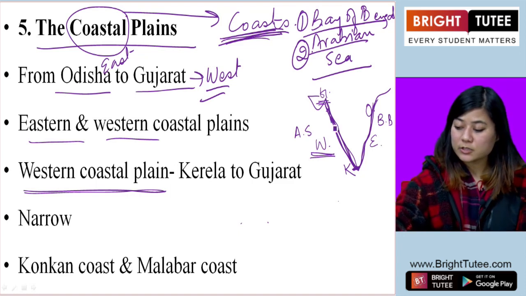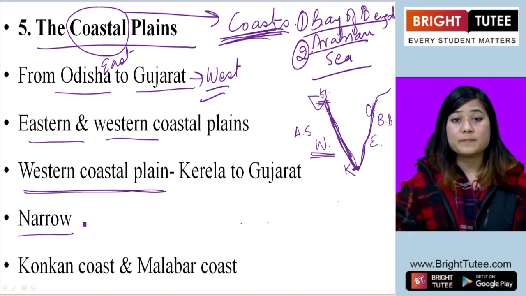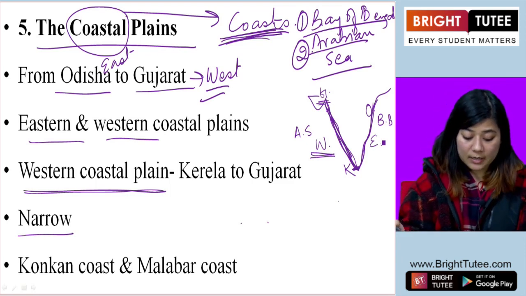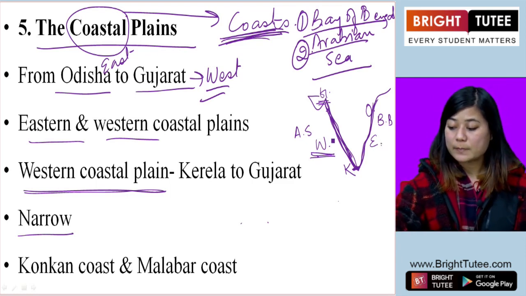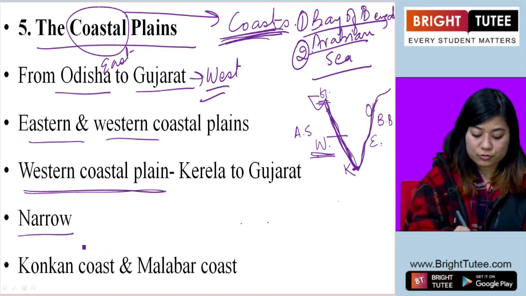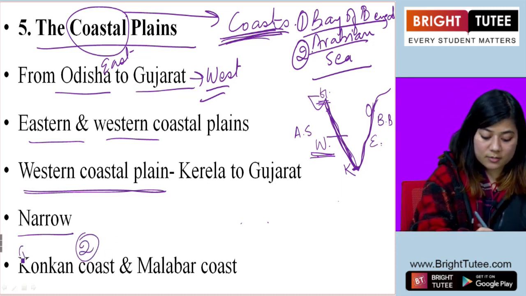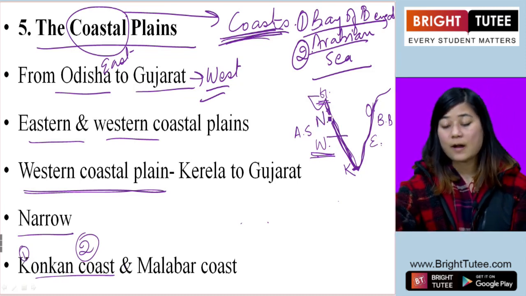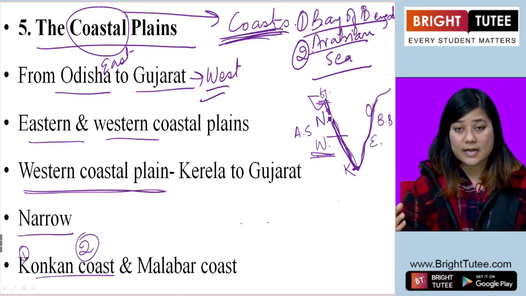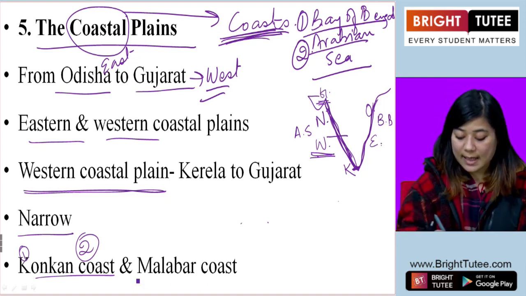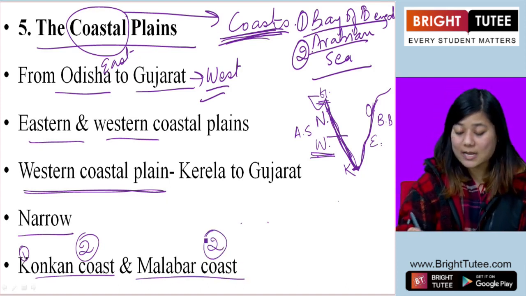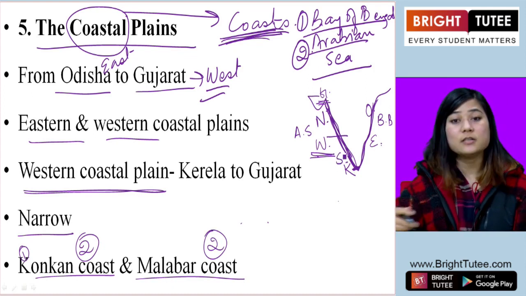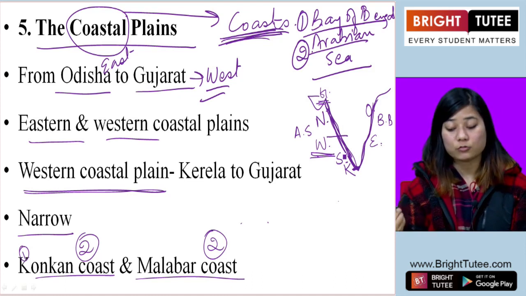Now this coastal plain is narrow compared to the eastern coastal plain. Okay. Now this western coastal plain is again divided into two. The first one is called Konkan Coast, which is in the northern part of the entire western coastal plain, and the Malabar coast is the second half of that coast, which lies in the southern part of that western coastal plain.